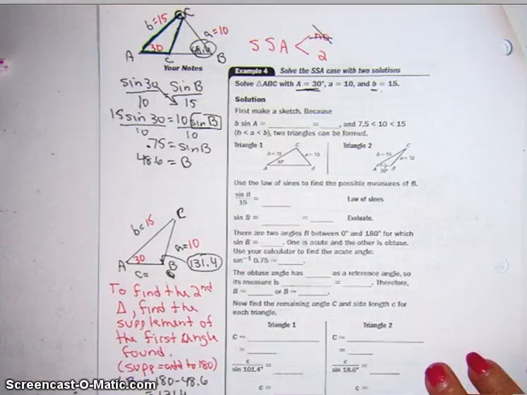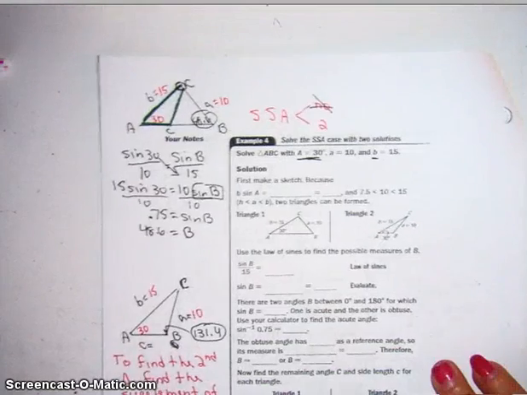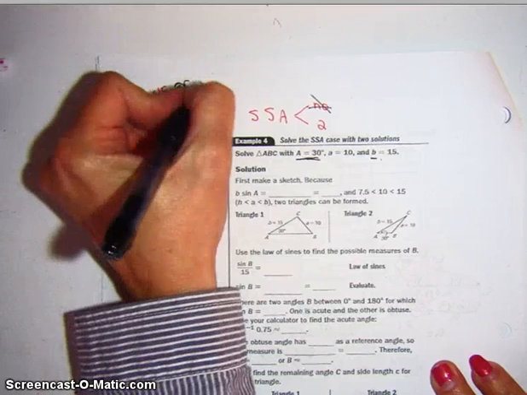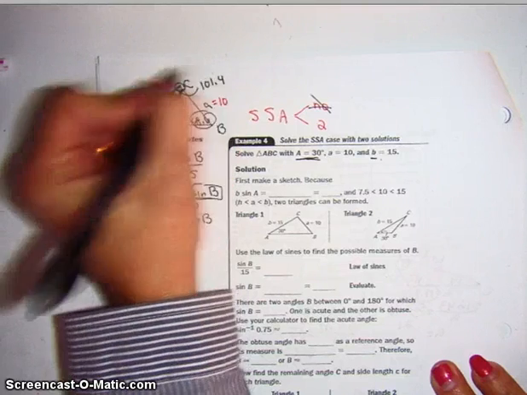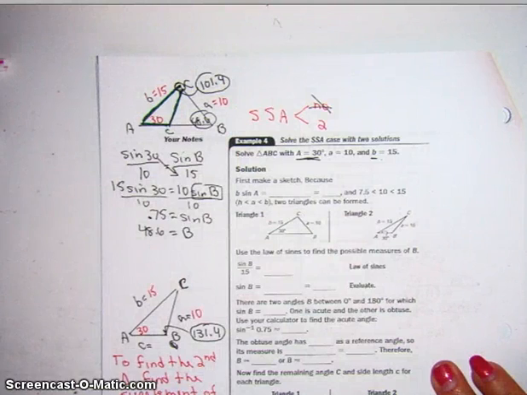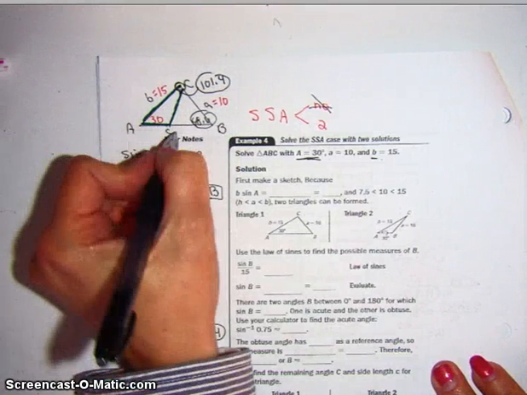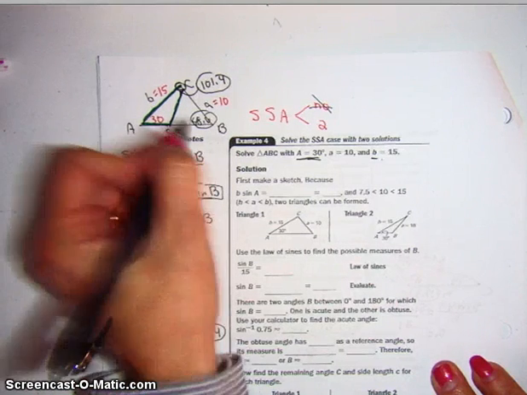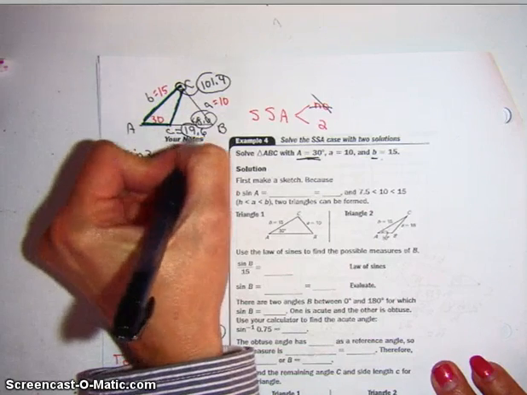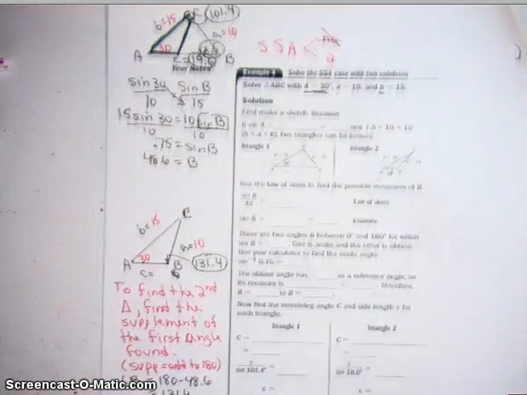Philip's group, what did you guys get for angle C way up here? 101.4, very good. Put it in the picture, circle it, okay? Sydney's group, what did you guys get for little c up here? 19.6. Put it in the picture, circle it, okay?